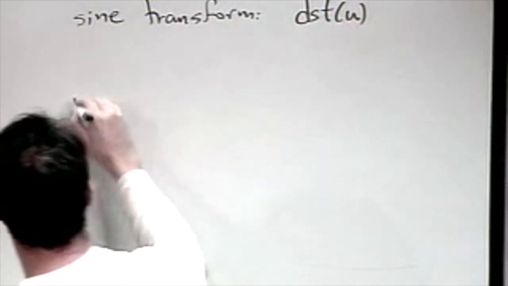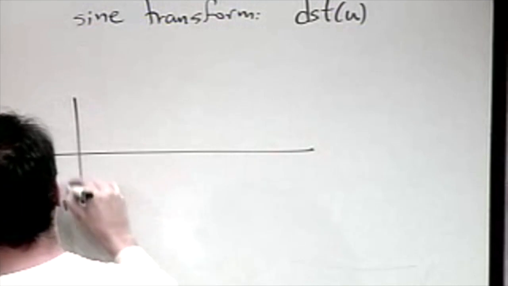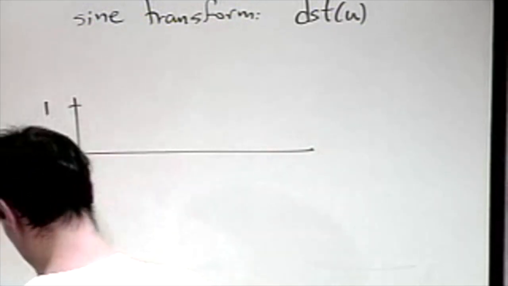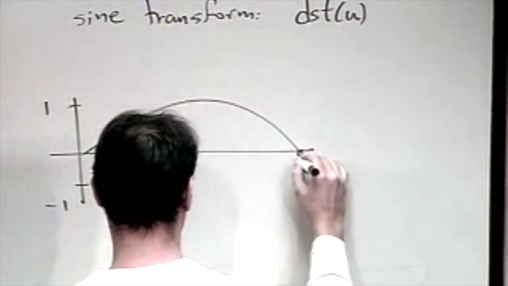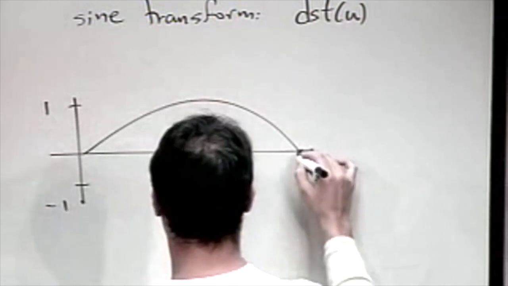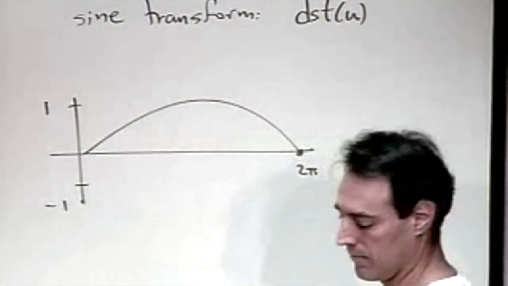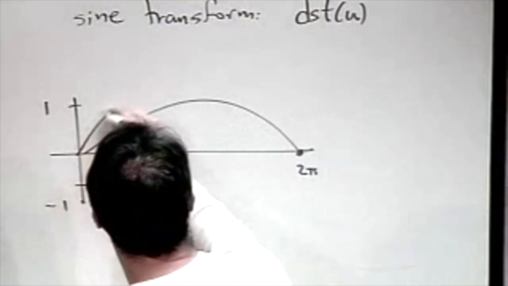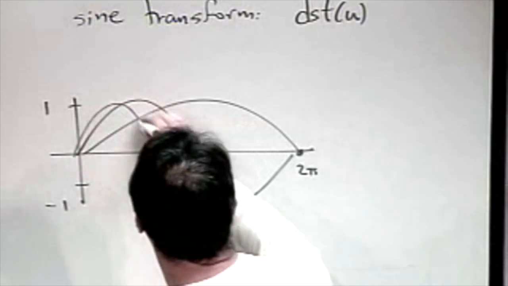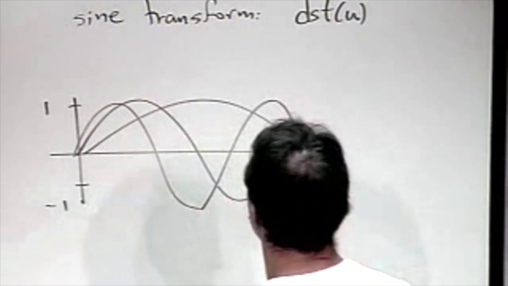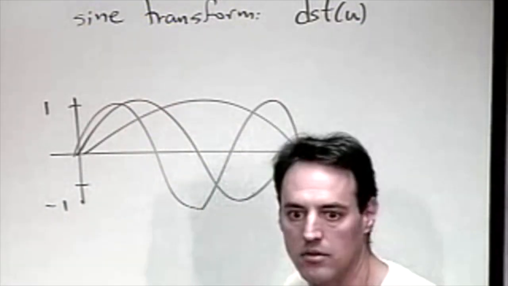And what it does, same kind of thing. Now you're expanding in terms of sines. Again, half periods allowed. So there would be your first one, your second mode, third mode, and so forth.